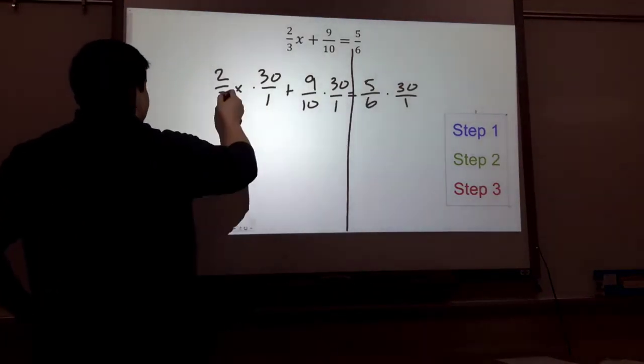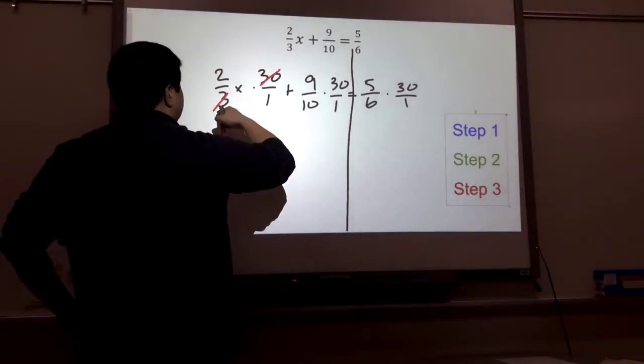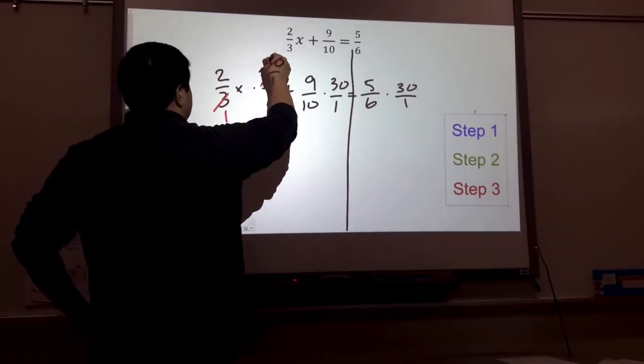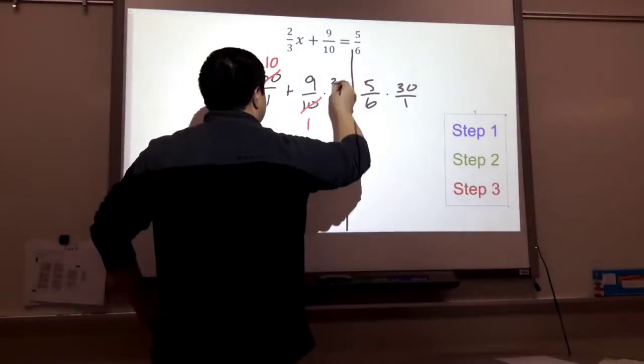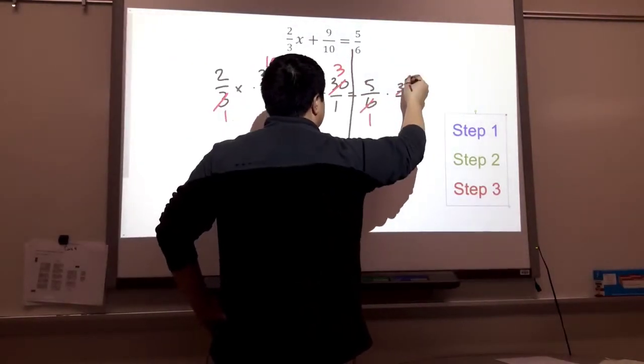This is going to be canceling out: 3 goes into 3 once, 3 goes into 30 10 times. Here this is 1, this becomes a 3, this becomes a 1, this becomes a 5.